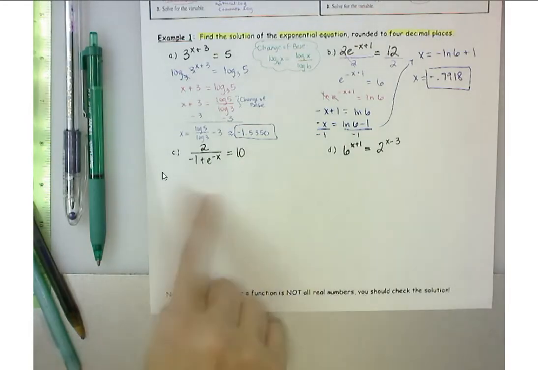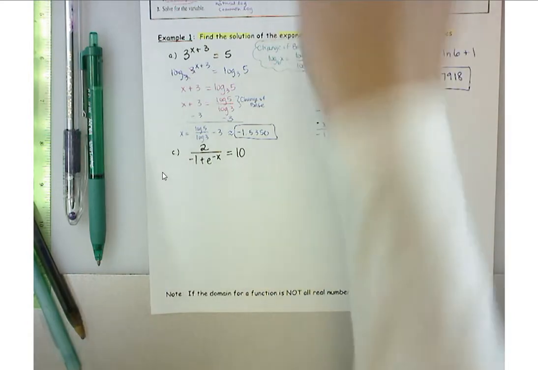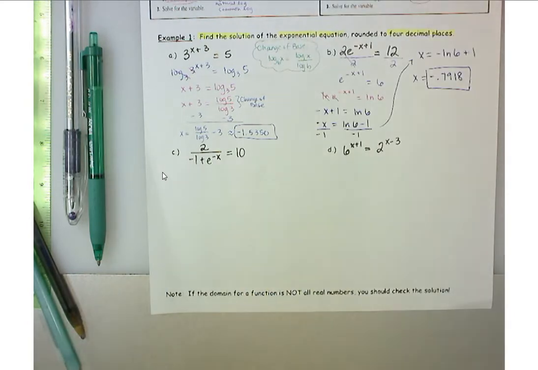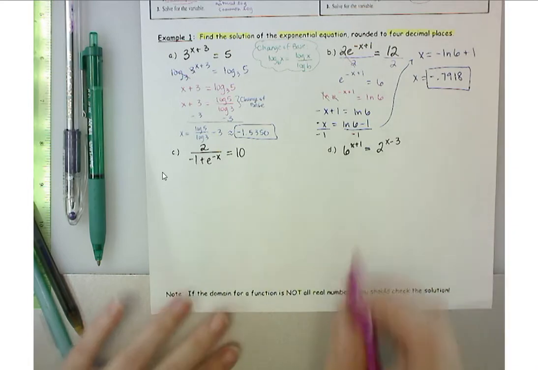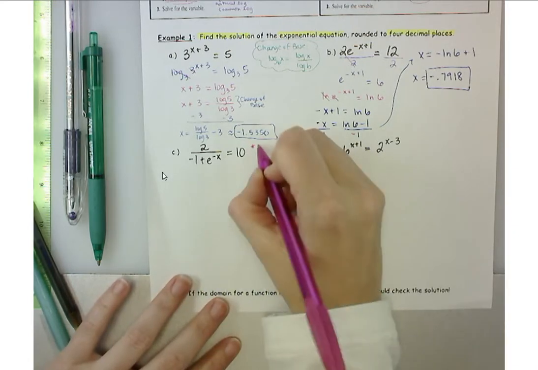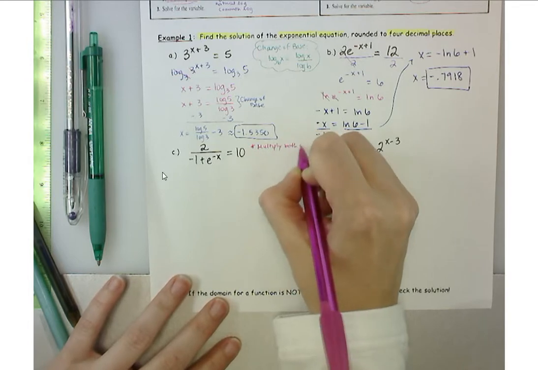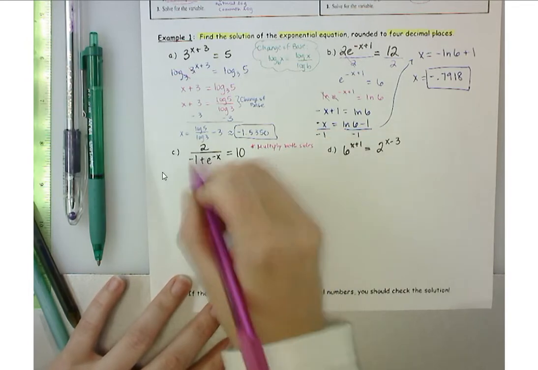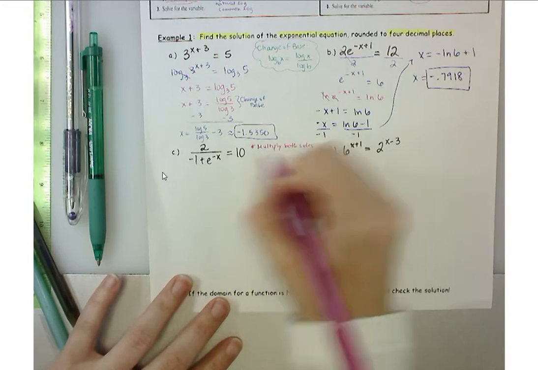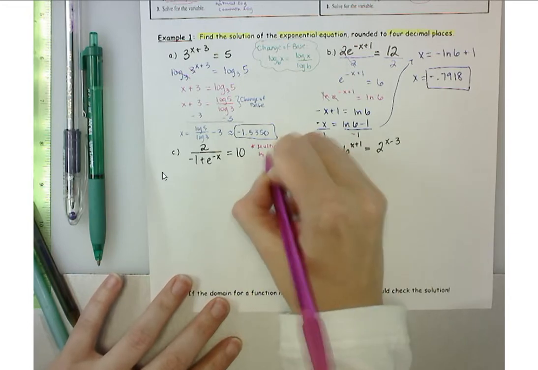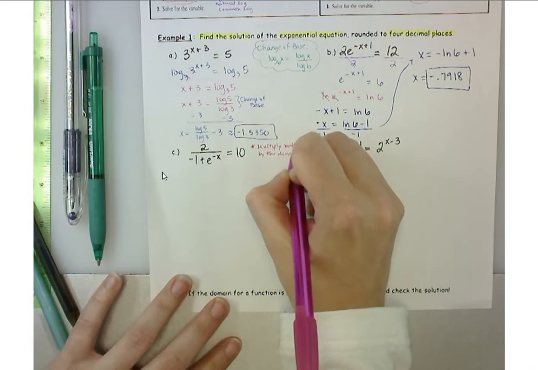Thoughts on how to start part C? Yeah, Joy? Good. Okay, we're going to multiply both sides by the denominator. That's where our exponential equation is, so we do not want it in the denominator. Did any of you think of it a different way?